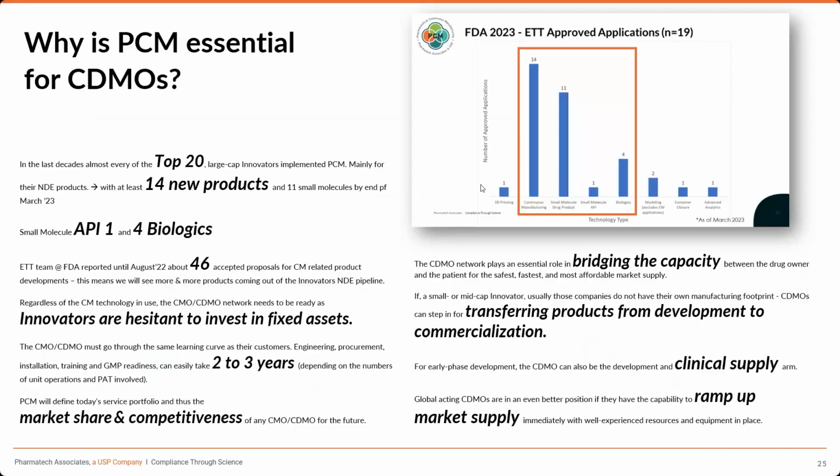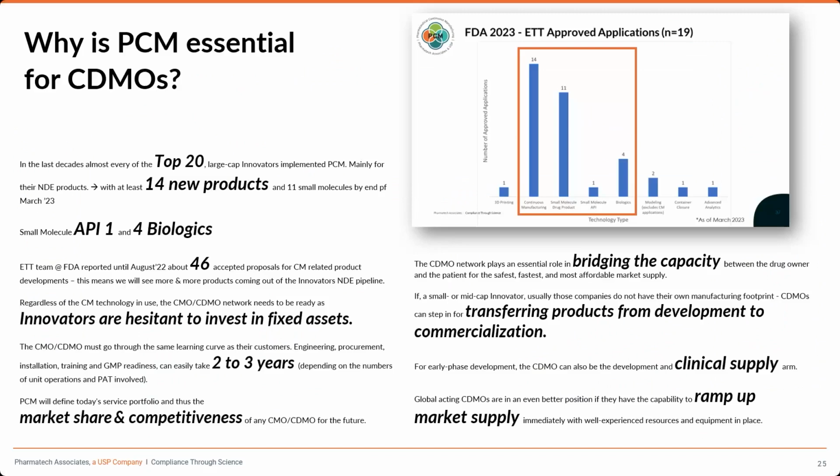And so I've just highlighted this here for the CDMOs out there listening to this talk. There is a big number, in this middle range, which I showed on my bubble chart, who are already talking to the ETT team or so, showing their cases.